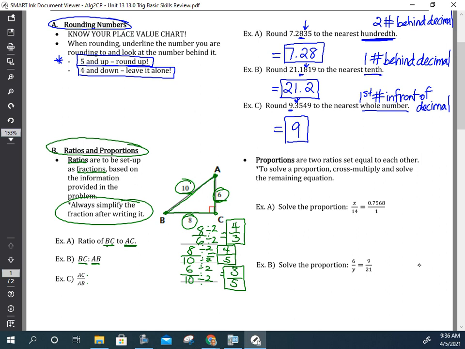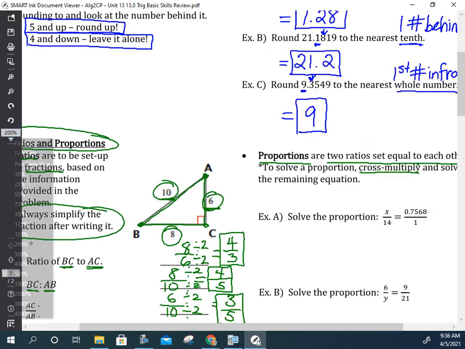Those are ratios. Proportions is when two ratios are set equal to each other. So to solve a proportion, cross multiply, and then solve the equation. So we got two examples to work with there.